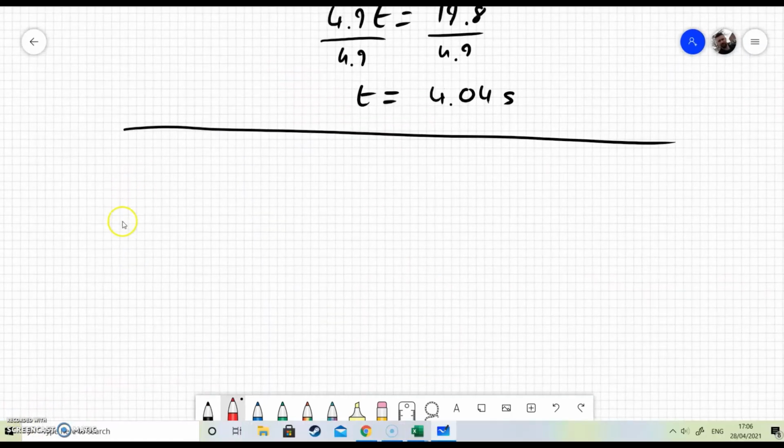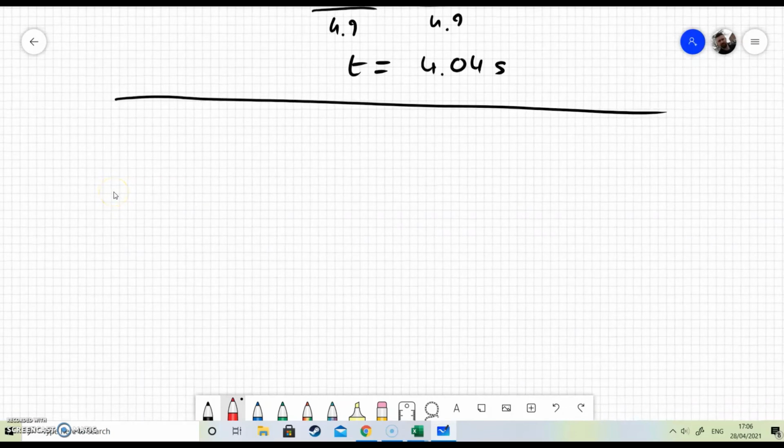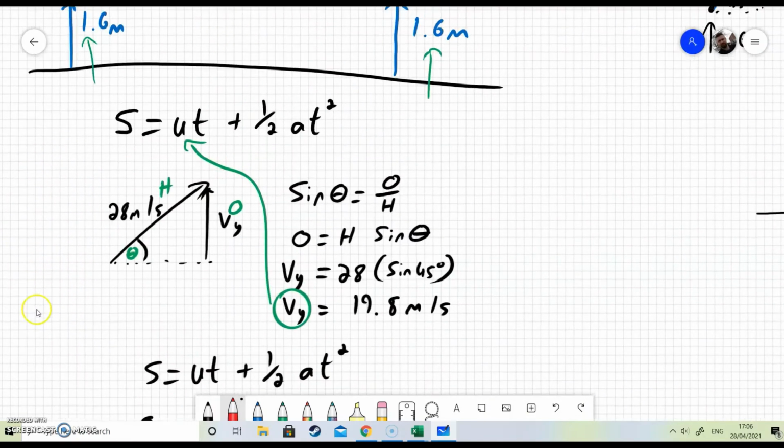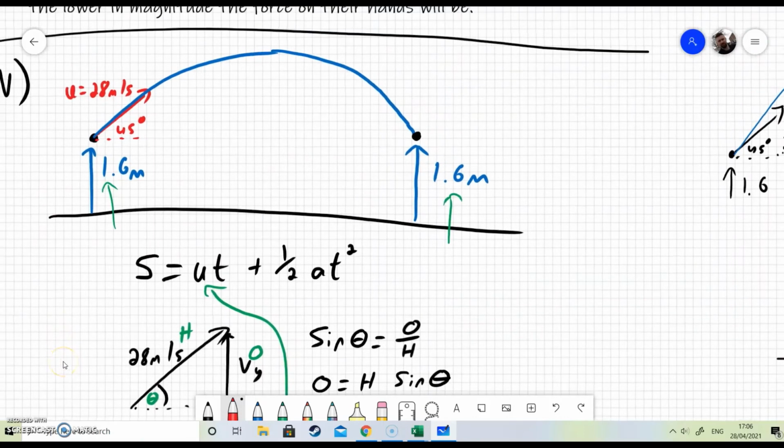Okay, folks, so the next question then asked us, how far does the object travel in the horizontal direction? So if we take a quick look at our diagram here, we can see that the ball travels to a peak height and then back down to this 1.6 meters into the catcher's hand, and we worked out that takes 4.04 seconds.